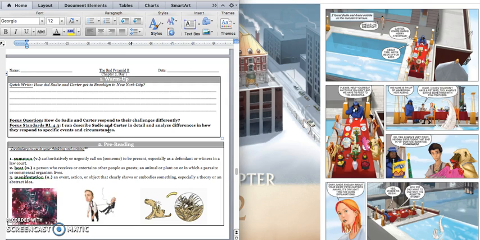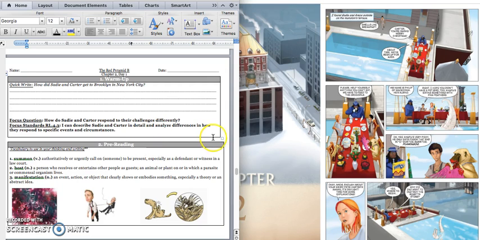The focus question says, how do Sadie and Carter respond to their challenges differently? So we're going to be comparing Carter and Sadie's response to the same event and how they responded differently. And this is going to let us know what kind of people they are and how they are different people because of their different life experiences.